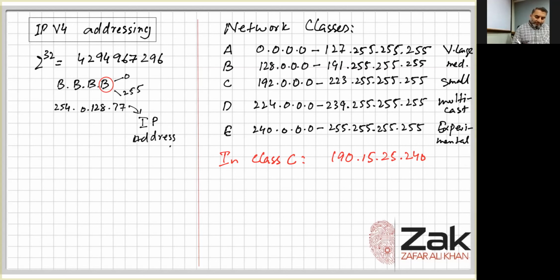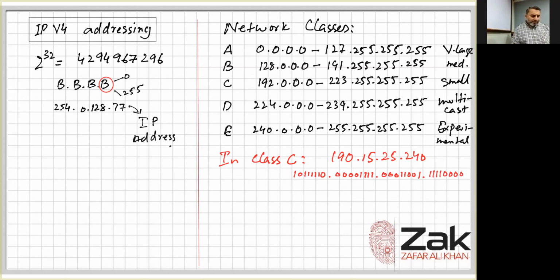If we convert it to binary form, it would be 190 dot 15 dot 25 dot 240. All right, so it can be seen this way as well.